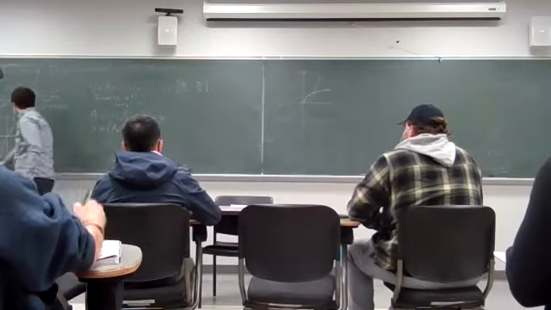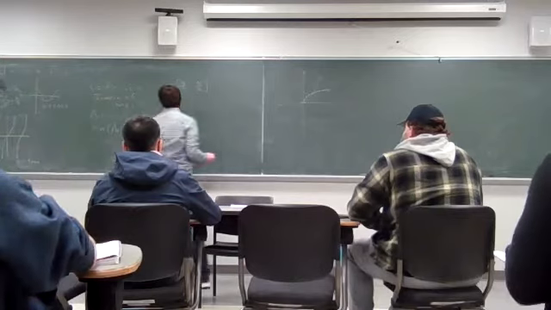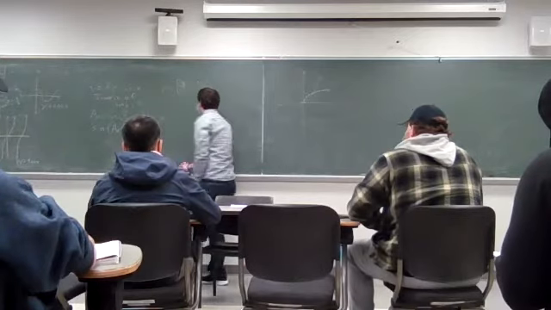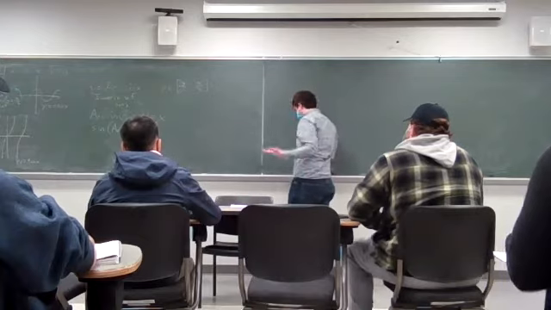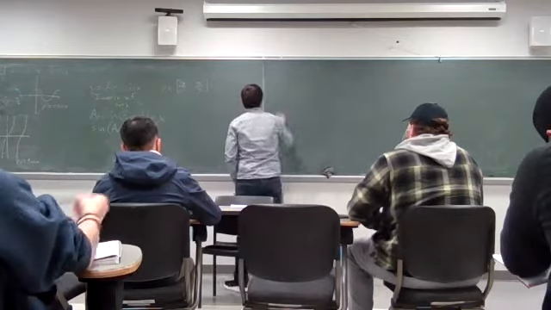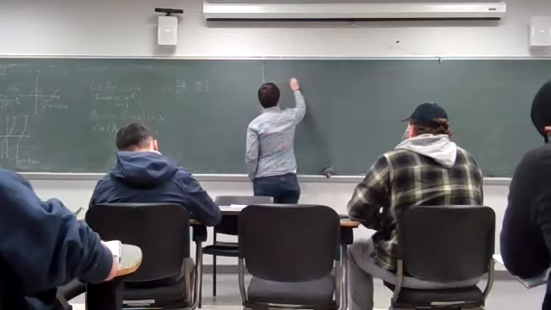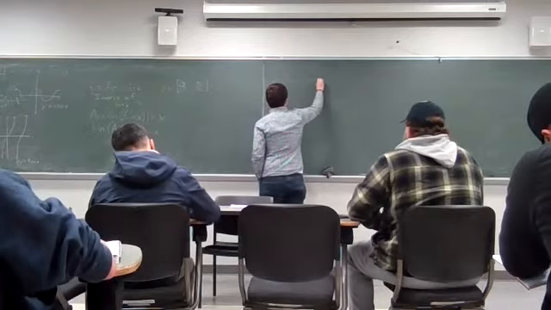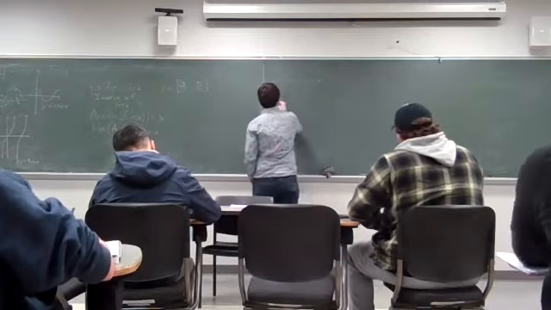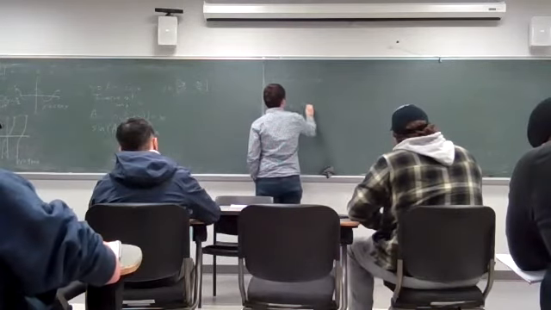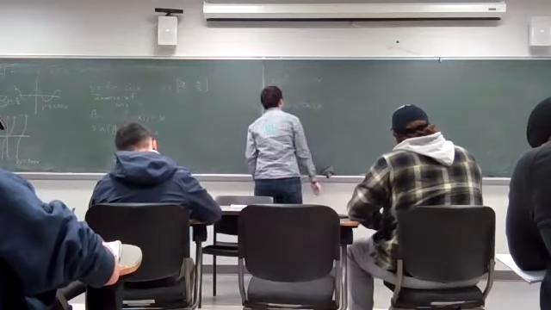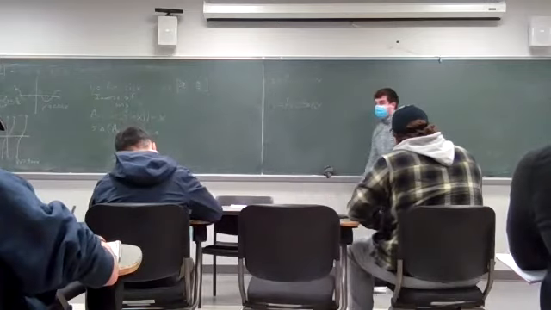Similarly, we're going to have two other functions. So we have y equals capital Arc sine of x, and we're also going to have Arc cosine of x and Arc tangent of x.